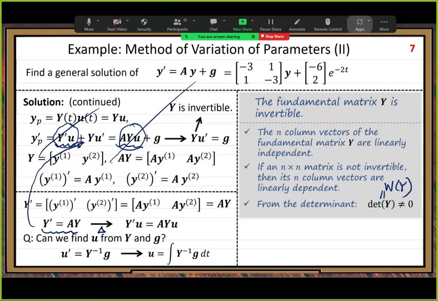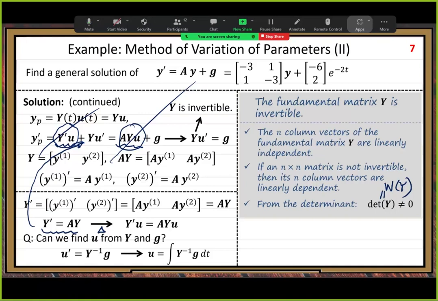If the u vector is known, yp is known. Look at our yp assumption. If the u vector is calculated, yp is known.